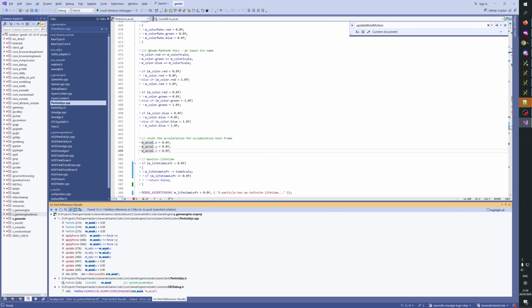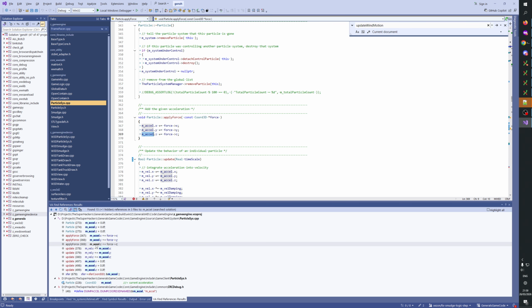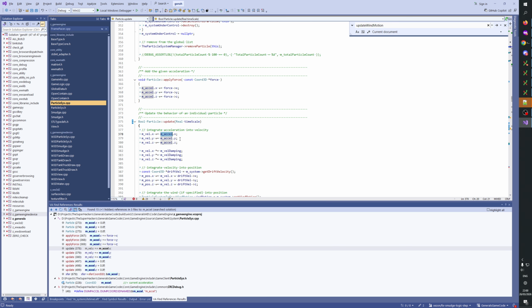It's weird because it only ever applies the same force, right? There's no other force here. So I think what we need to do here is const real.